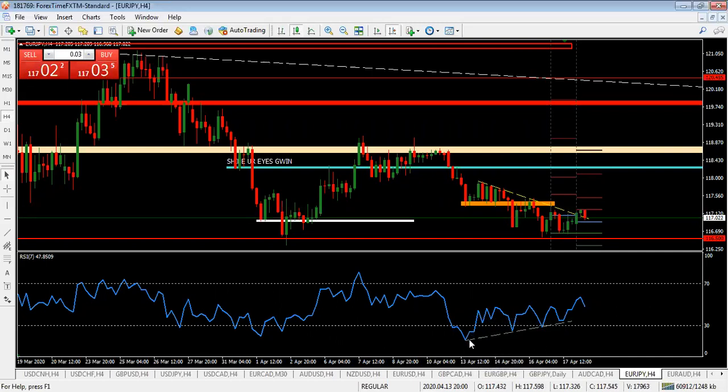This actually became a higher high, a higher low, and then a higher high, a higher low, and the market failed to make another high until now. While the market was moving in a downtrend, the RSI was moving in an uptrend. So this is a divergence, but it's not actually a good time to enter the market.